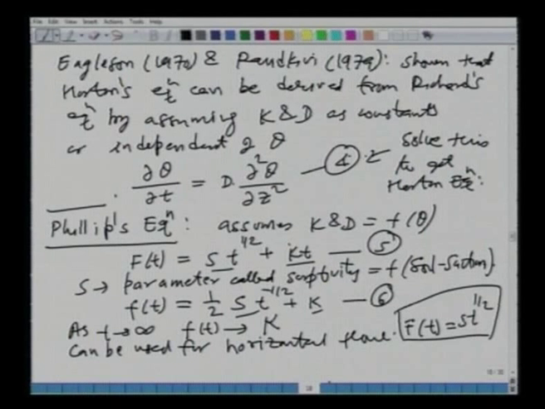The next we are going to look at is something extremely important, which is called the Green-Ampt method. The Green-Ampt method or equations is, as I said, very useful and very important. It is widely accepted and widely used in fact in many of the software to calculate infiltration. Why? Because it has a conceptual basis.